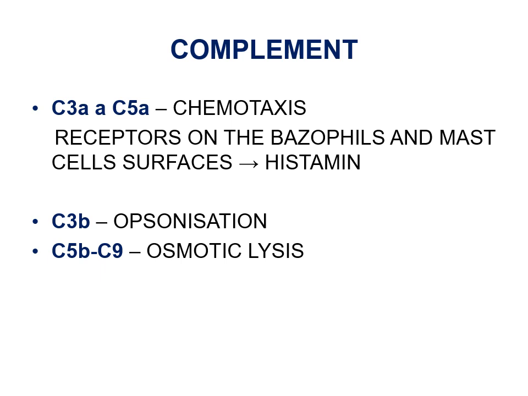Then the other thing is complement C3a and C5a, which are the parts which were released from the C3 and C5 upon the activation. They are signaling molecules, and the receptors are on the basophil and mast cell surfaces, releasing histamines. C3b itself is actually making the opsonization, and the C5b is participating in the osmotics.